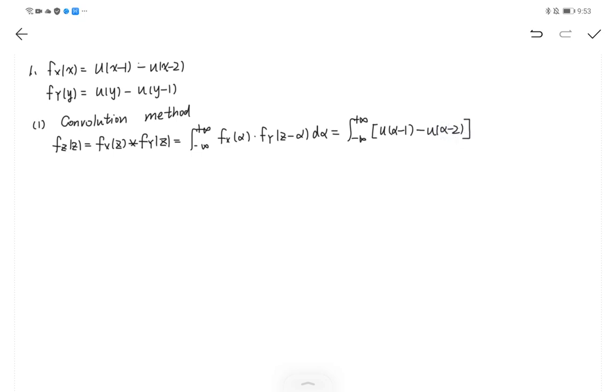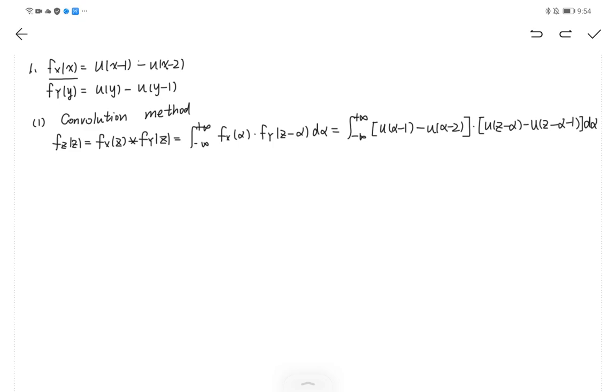This is the f_X. So we multiply by u(z minus alpha) minus u(z minus alpha minus 1) d alpha. And this part is f_Y.